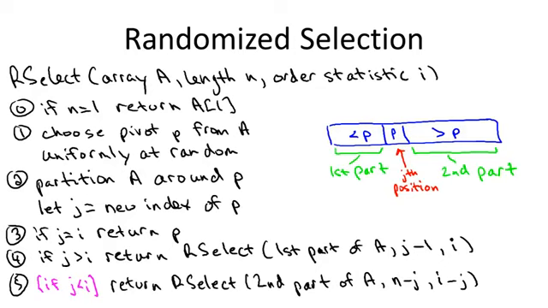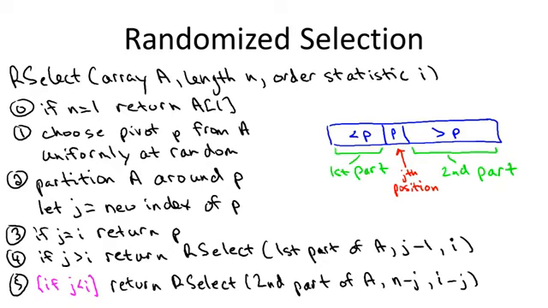We're safe recursing on the second part, those elements bigger than the pivot. Having thrown out the j smallest elements, we're recursing on an array of length n minus j, and we're looking for the (i minus j)th smallest element in those that remain, having already thrown out the j smallest from the input array. So that's randomized selection.